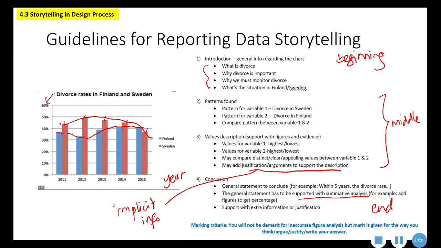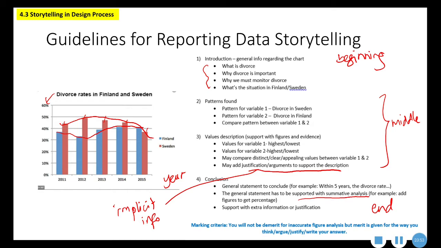So you can just do some brief research on how the divorce rate is being minimized in those countries. There must be some government intervention or whatsoever, any intervention in that country. So you can support that with your conclusion.